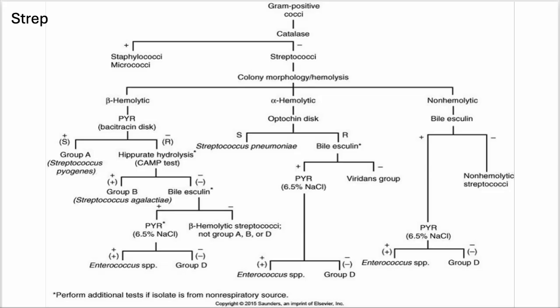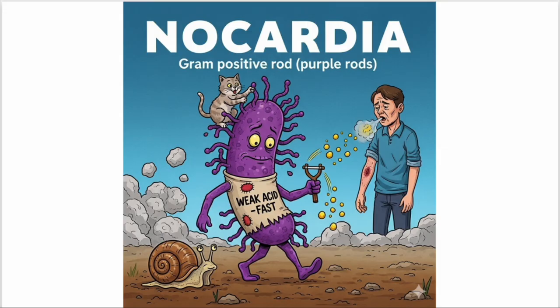So Nocardia is going to be catalase positive. That's why that cat is there. It is opportunistic and it infects the immunocompromised.